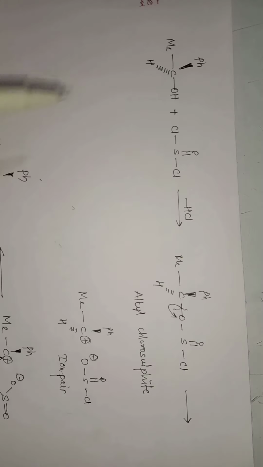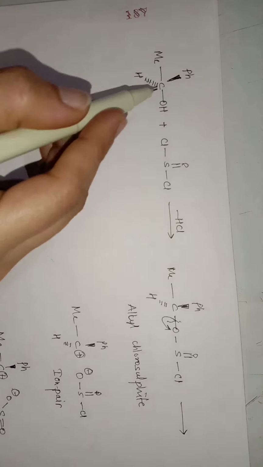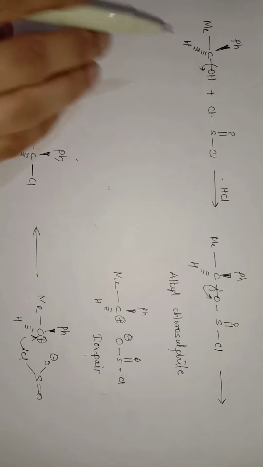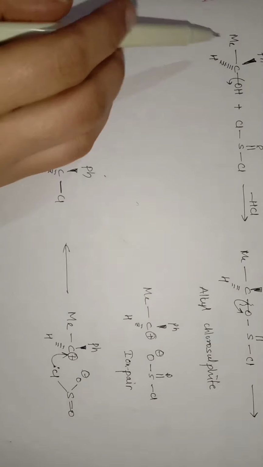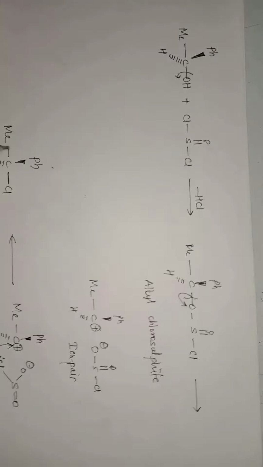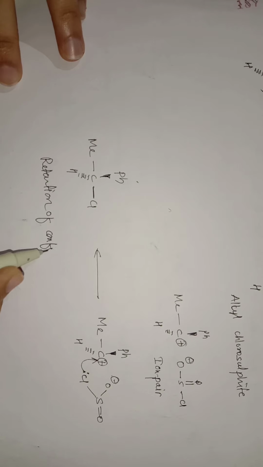You can see that the position from which OH is eliminated, the leaving group, is the same position where the new nucleophile attacks, meaning stereochemistry is maintained here. There is no inversion of configuration. First it was the same and at the end it remains as it is, so it is retention of configuration.